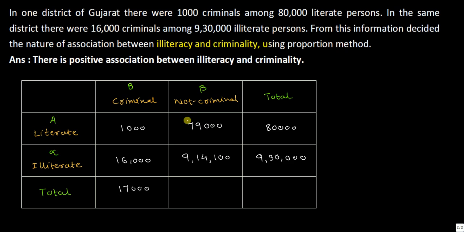Sorry, not 9,14,000, 9,14,000 plus 79,000 is 9,93,000. Plus 17,000 equals 10,10,000. Okay, correct, the table is prepared.